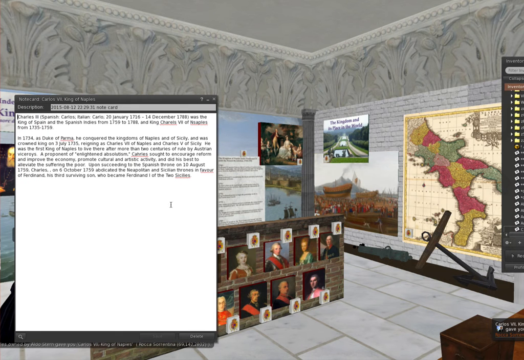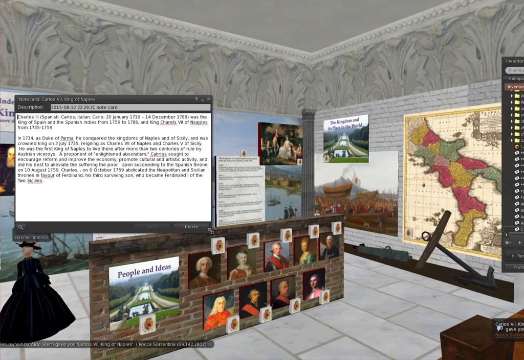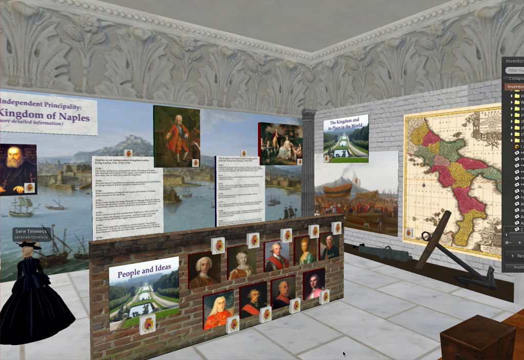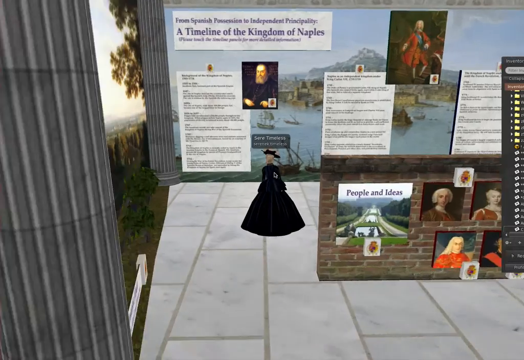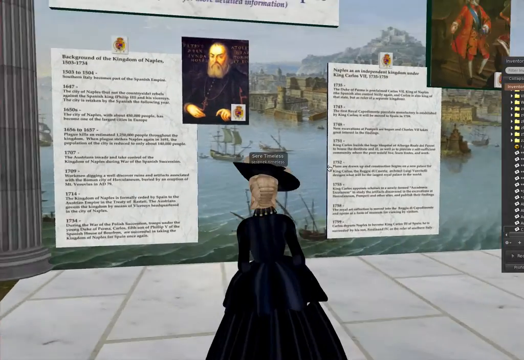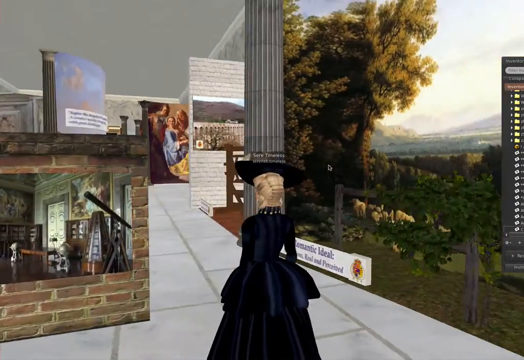And the note cards are the equivalent of having, as I said before, an audio clip to tell you the same thing if you press a button. Now let's go around to another side of the exhibit.